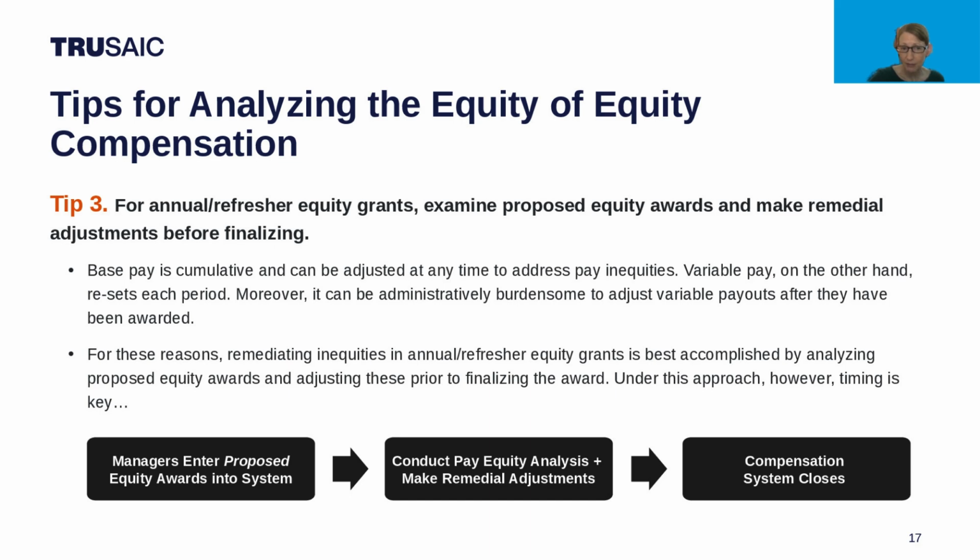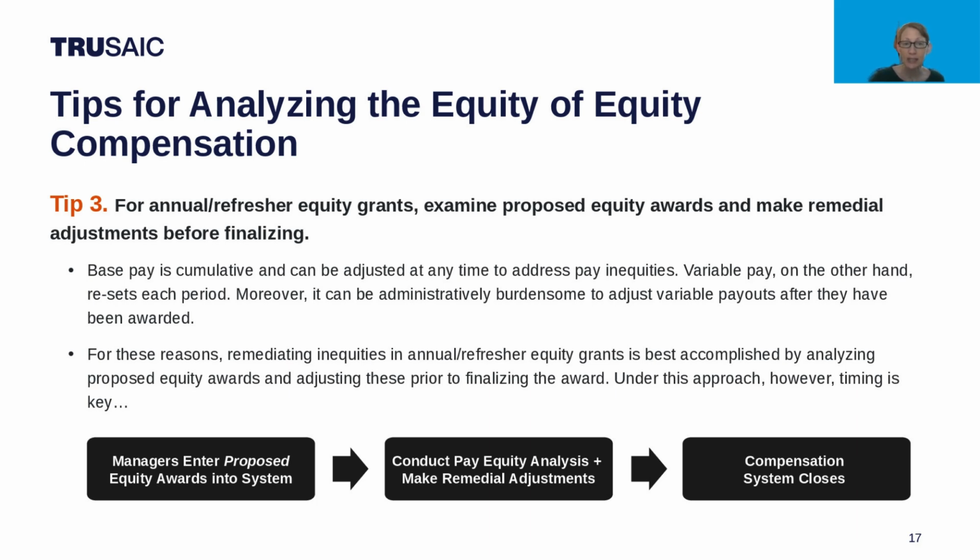On the other hand, variable pay typically resets at the beginning of a period. And once variable payouts have been awarded to employees, it's pretty difficult, either from an administrative point of view, as well as from an optics perspective, to adjust them after the fact.